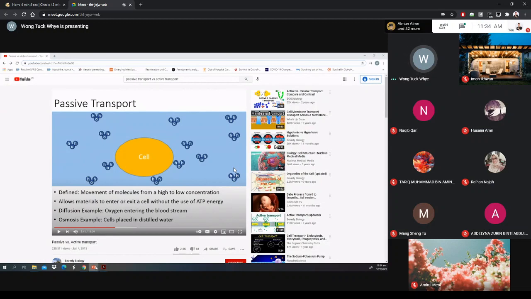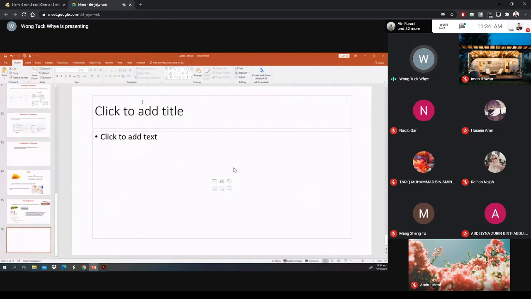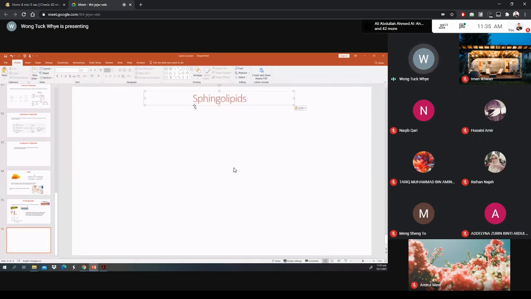So for the next, phosphoglycerides, there are a lot of things related to membranes. And for the next, we will have sphingolipids.